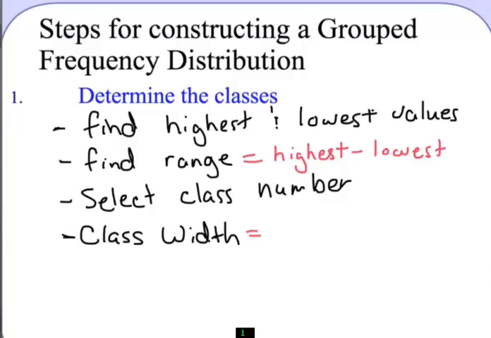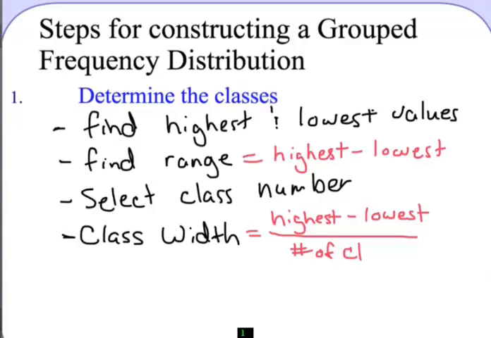Class width is equal to our highest minus our lowest, which recall was our range, divided by the number of classes that we're using.